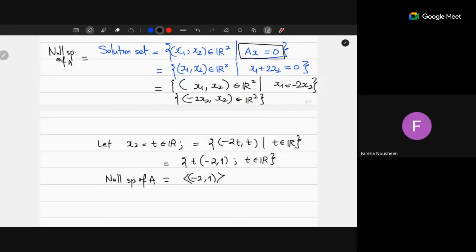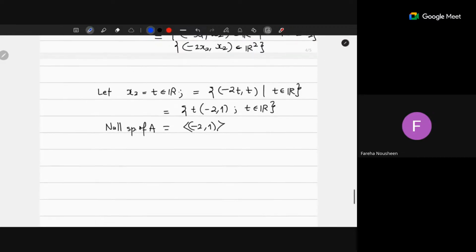So what is the dimension of the null space? It is 1. This is the basis. Because there is only one vector, it is spanned by one vector.